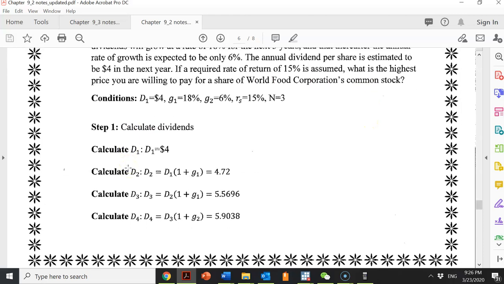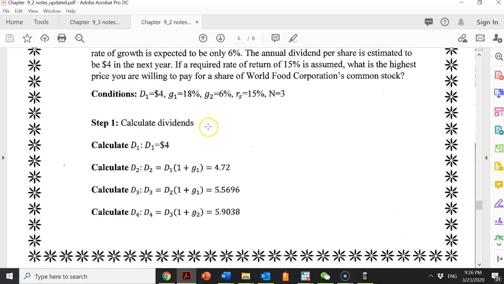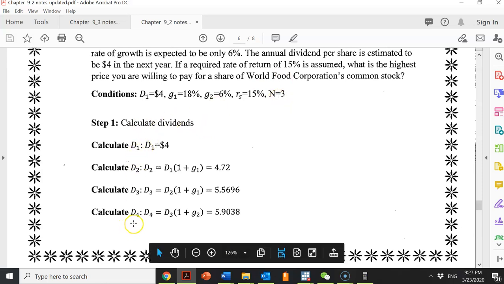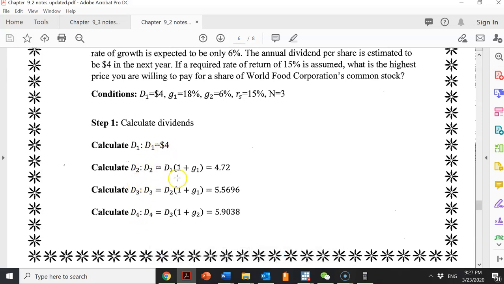Again, we use 3 steps. Step 1, because N is 3, we calculate from D1 to D4, Dn plus 1. D1 is given as $4. D2 is D1 multiplied by 1 plus G1. D3 is D2 multiplied by 1 plus G1.